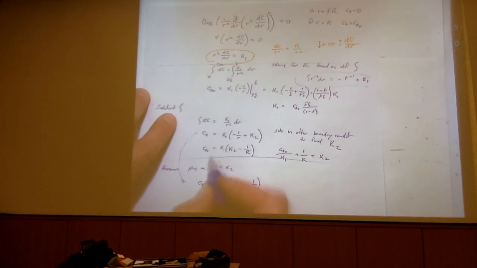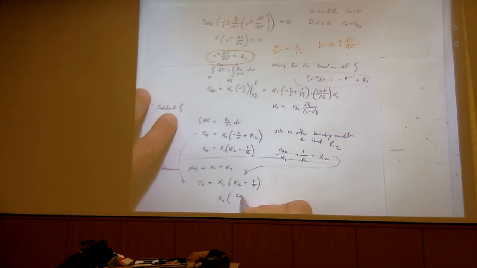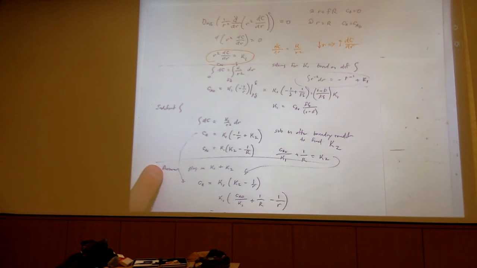I'm going to plug in my K2 and get K1 times CA0 over K1 plus 1 over R, that's my K2, minus 1 over R. And I multiply through, and I'm going to get something I'm happy about, because it's going to be CA0 plus K1 times 1 over R minus 1 over R. I'm sure there's a negative sign somewhere.